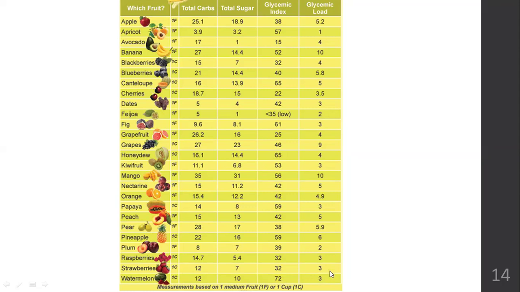But do you think there is a difference if I have one bowl of watermelon and two bowls of watermelon? Do you think there is a difference? One bowl of watermelon, let's say 100 gram of watermelon and 200 gram of watermelon, are they both the same?